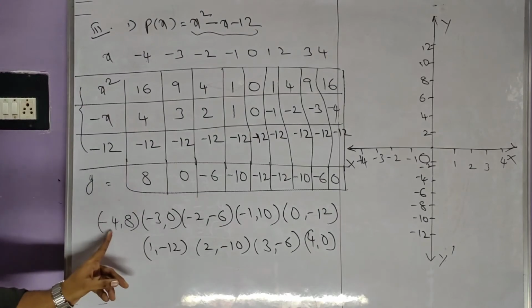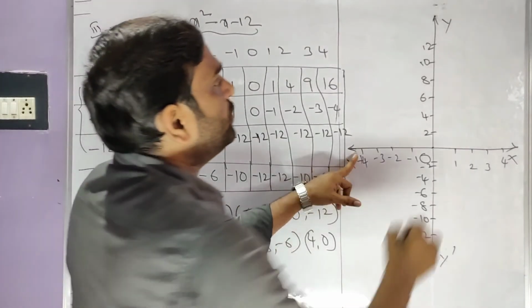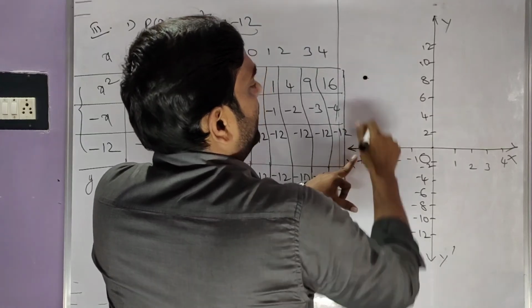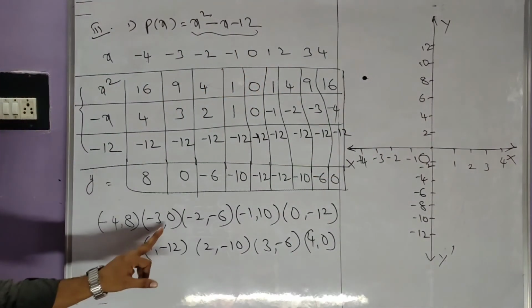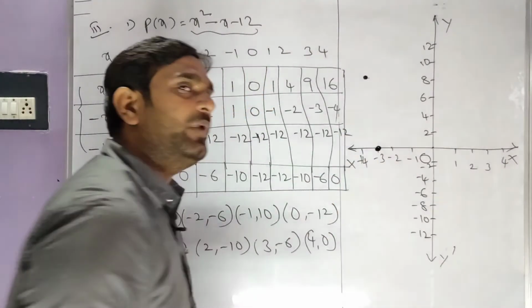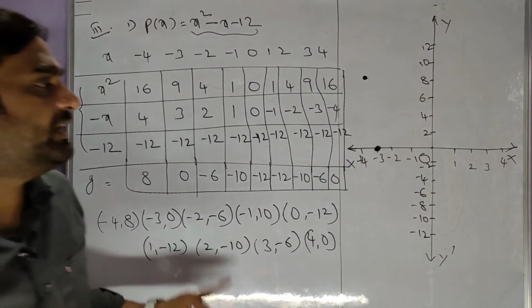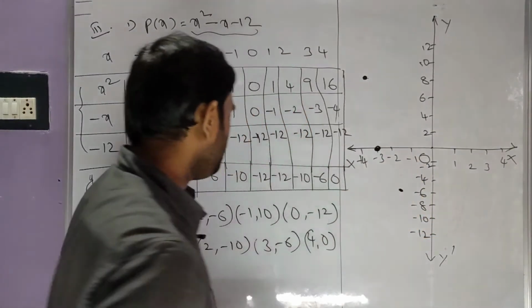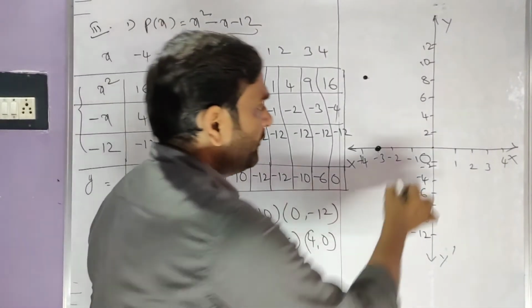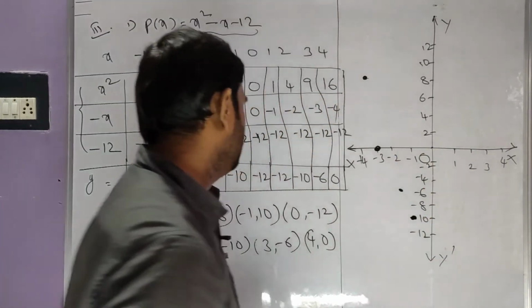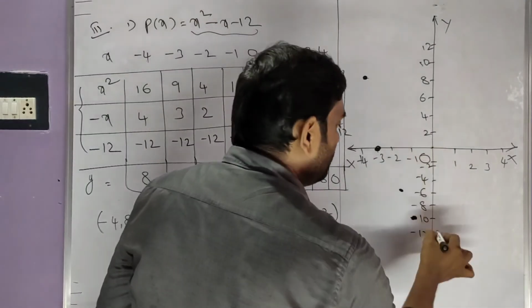Now, minus 4 comma 8. This is the intersecting point of x and y. Minus 3 comma 0: on the x-axis, the y coordinate is 0. Minus 2, minus 6. Minus 1, minus 10. 0, minus 12.